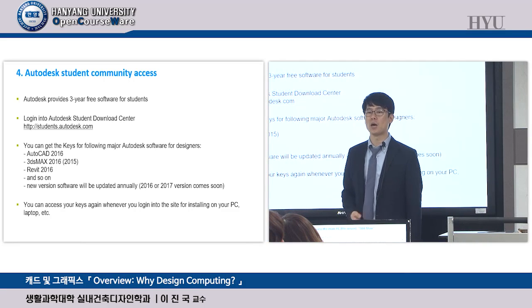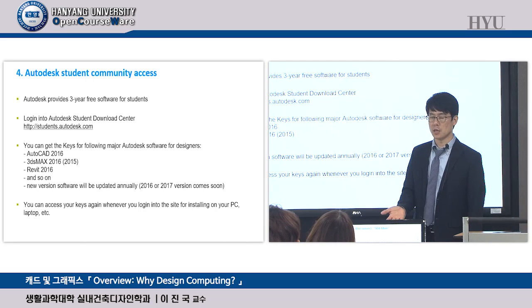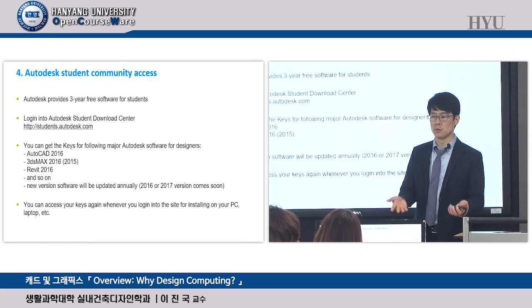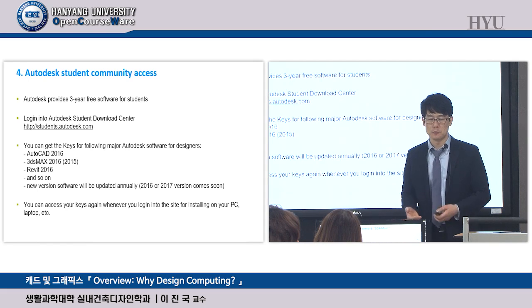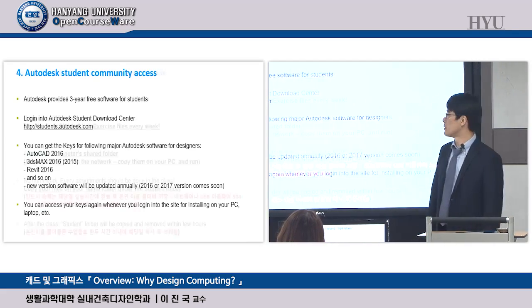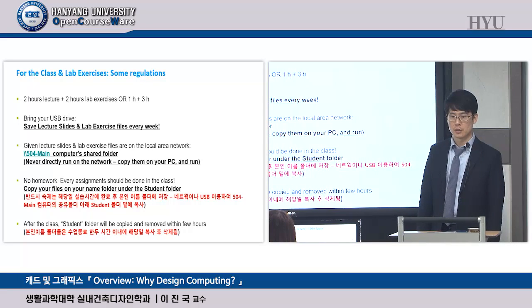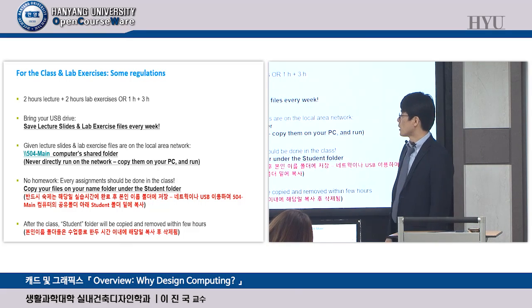So I'm going to let you know how to download, how to get CD keys, how to get a product key for your own personal student license for free, okay? So this is another lab exercise issue, and again, your convention, regulation in this class, in this classroom, okay?